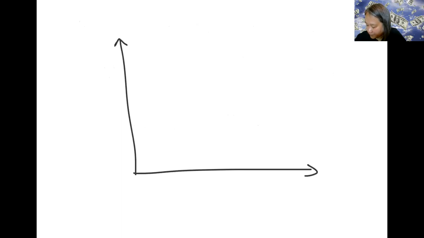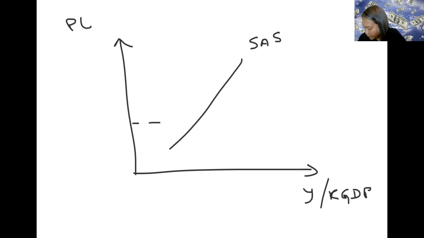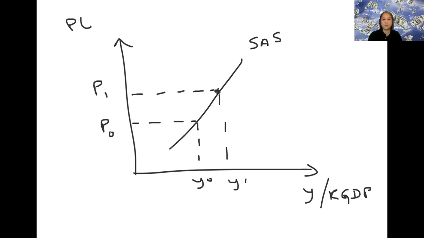So that is why our short run supply curve, so I'm going to call this price level, and this is Y, or real GDP, Y being national income, and our short run supply curve is upward sloping, because if we want to increase output, say from Y0 to Y1, business owners will only be enticed to produce more output if prices go up, because they need to be compensated for their increase in cost. And that is why our supply curve is upward sloping.